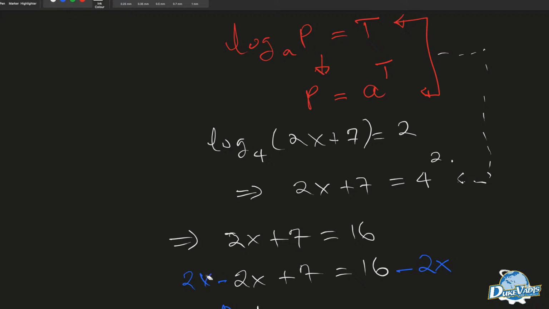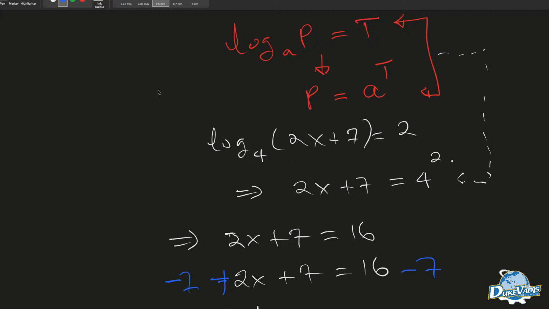So we'll subtract 7: plus 7 minus 7 from both sides.